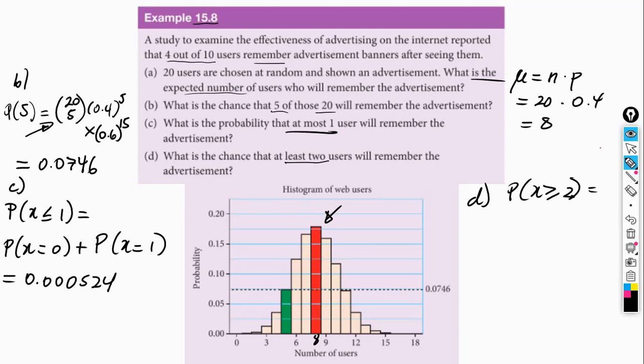And that would be too long. So what would be easier? Well, the complement of this, right? 1 minus the probability of X being less than or equal to 1. And this is simply going to be 1 minus the number we found in part C. So 1 minus 0.0000524, and this is going to give us 0.999475.